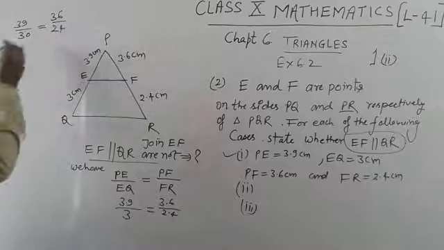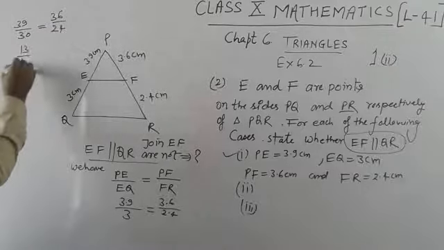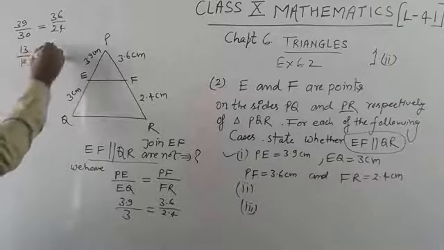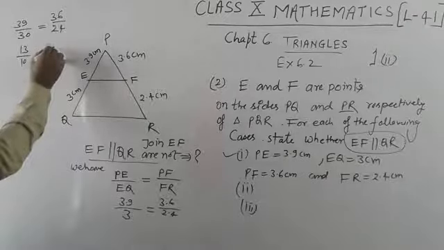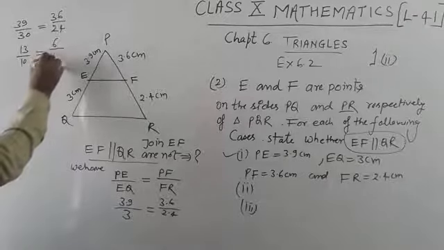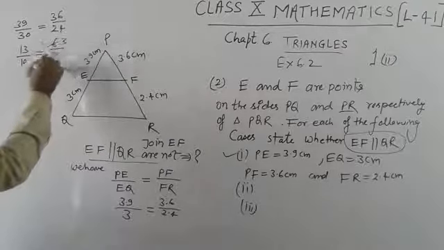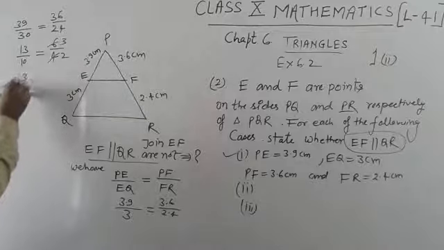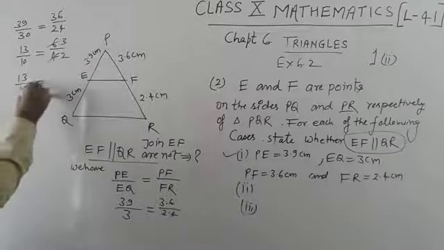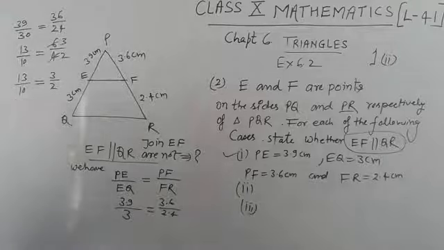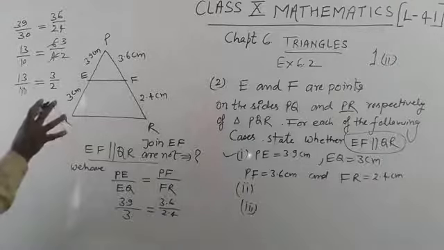After simplifying, 13 upon 10 is equal to, 6 sixes are 36, 6 fours are 24, that is, we can say 2 threes are 6, 2 twos are 4. 13 upon 10 is equal to 3 upon 2. Here we can say ratio is not same.